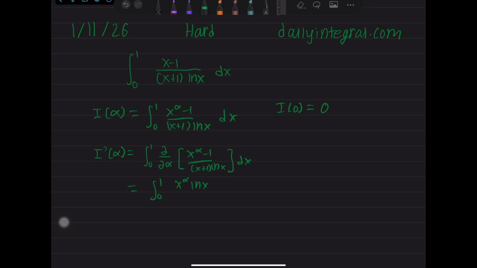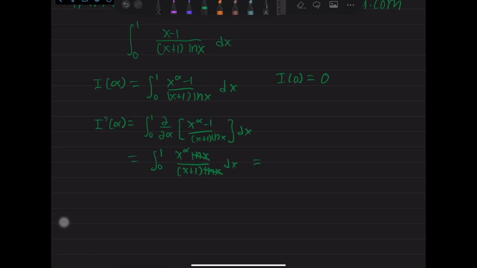The minus 1 will just become 0. And then we'll have x plus 1 over ln x, since that acts as a coefficient, dx. The ln x and ln x cancel out, and we are left with the integral from 0 to 1 of x to the alpha over x plus 1 dx.